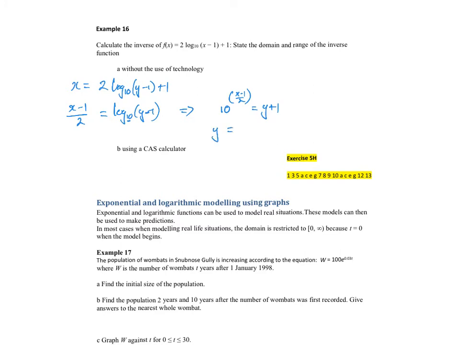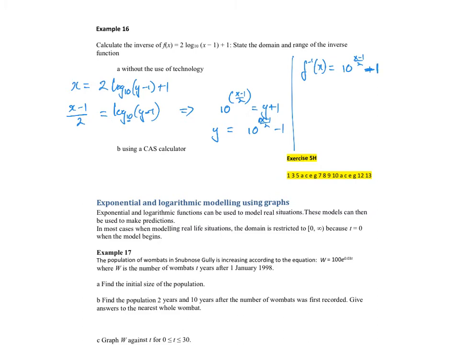So y is equal to 10 to the x minus 1 on 2 minus 1. So f inverse of x is equal to 10 to the x minus 1 on 2, minus 1.